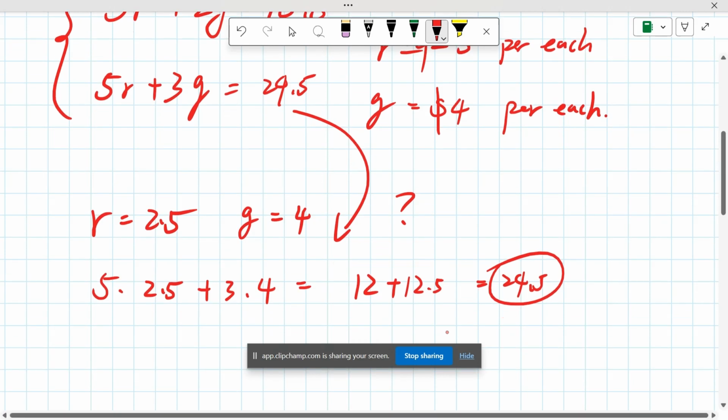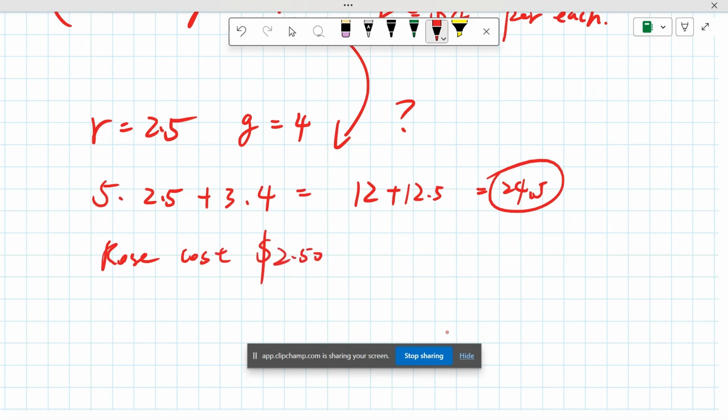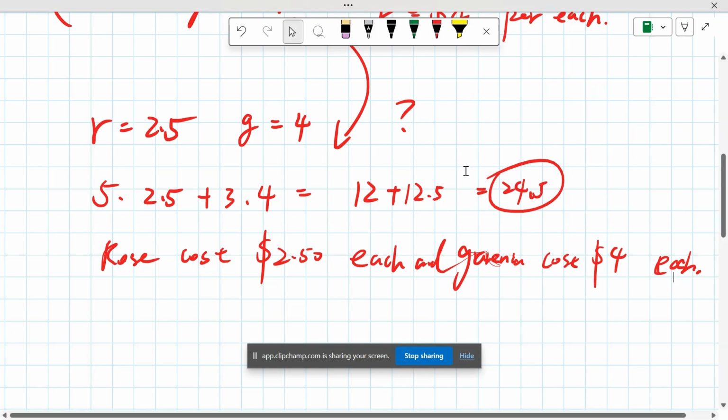And then you could write again, so roses cost $2.5 each, and gardenias cost $4 each. Perfect. That's it. That's the question, which looks like simultaneous equations.